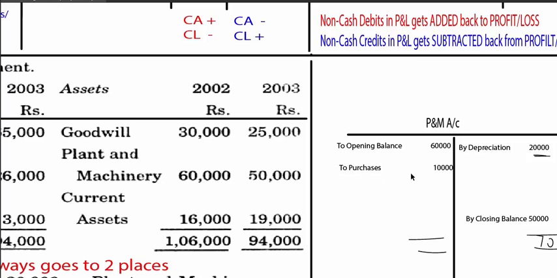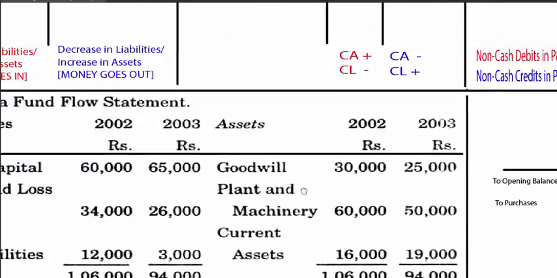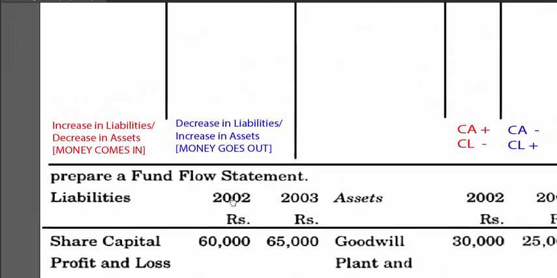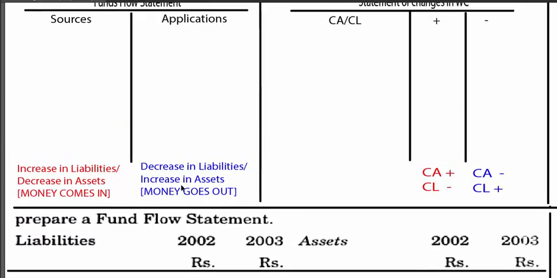And when we buy machinery, our assets increase, correct? We pay money to get machinery, so money goes out. So we can enter purchase of machinery as an application, and that came to 10,000.